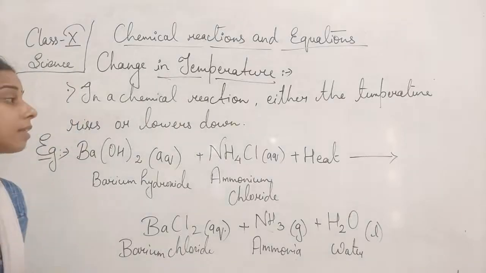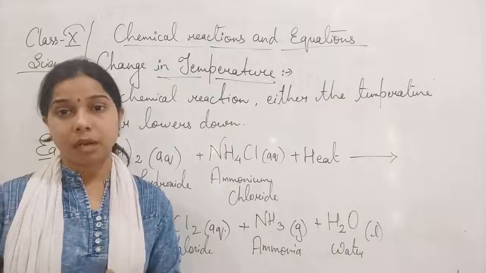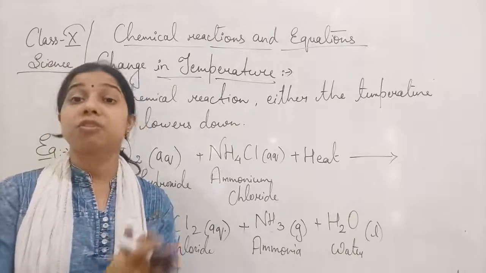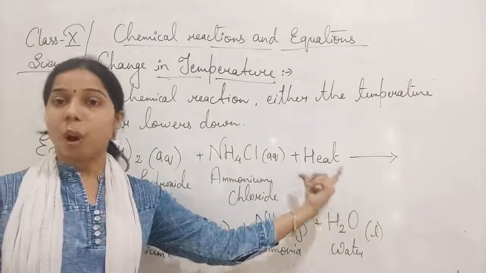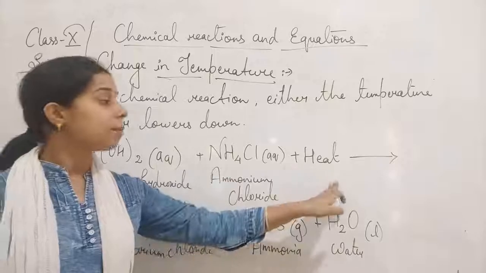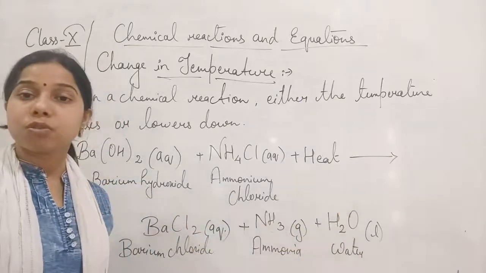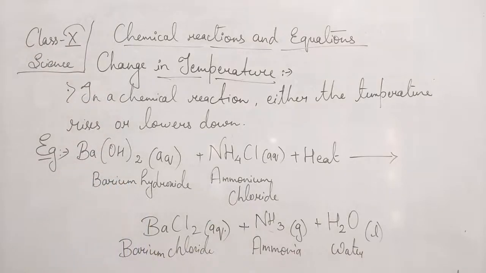So when this reaction takes place, here the temperature lowers down. And the reason the temperature decreases is the heat is absorbed here. So already, the reactants, when they react together, absorb the heat so that the formation of product occurs. So the temperature decreases.